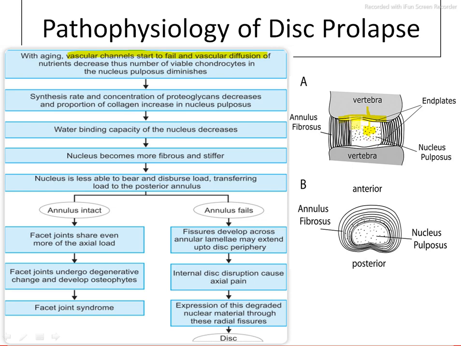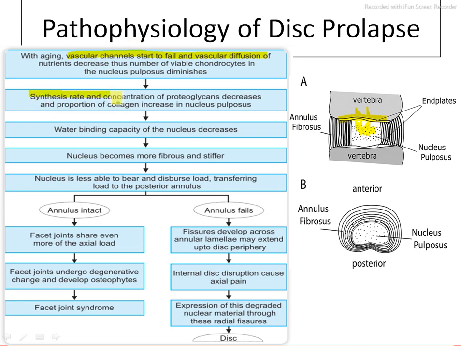There will be sclerosis of the end plates because of smoking. There can be reduced vascularity of the end plates because of atherosclerosis, sickle cell anemia, or any other cause which leads to decreased vascularity in the end plate. Especially in aging, this process is rampant, and because of that the diffusion of nutrients to the nucleus pulposus is deficient.